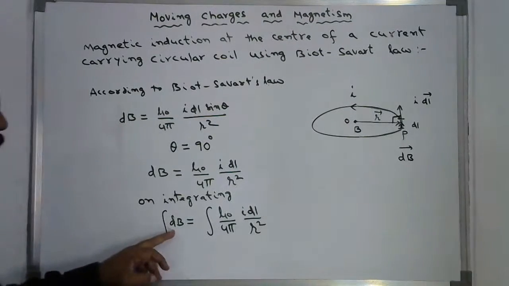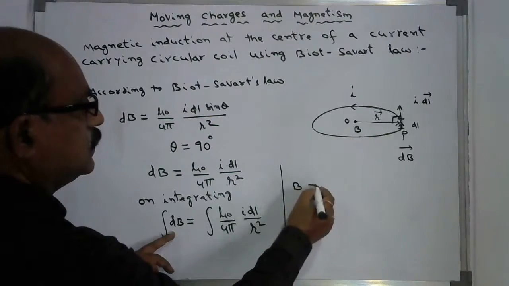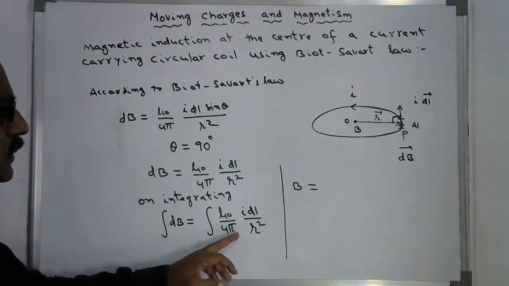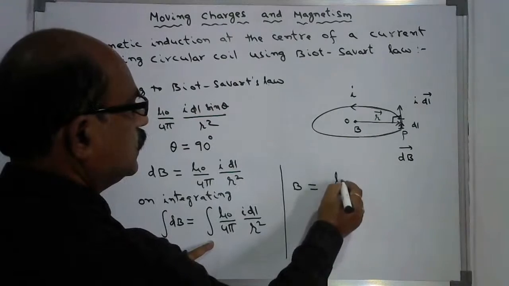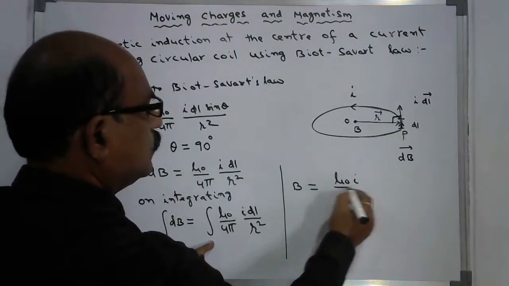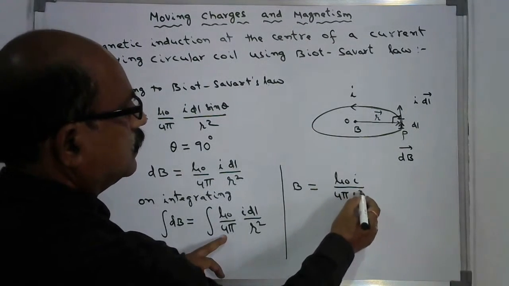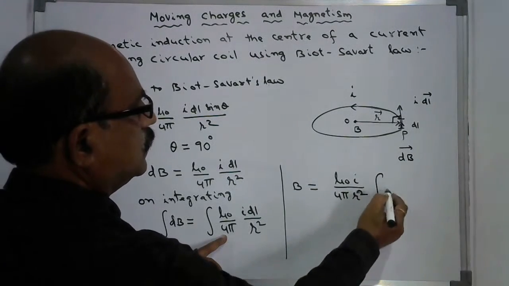So now integral dB is the total magnetic field B. Mu naught by 4 pi is a constant value, and I by r square are also constant. So I write here mu naught I by 4 pi r square, integral dl.